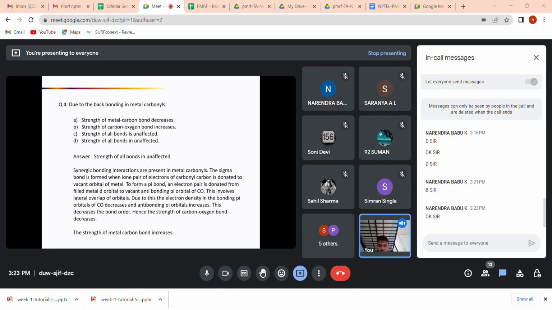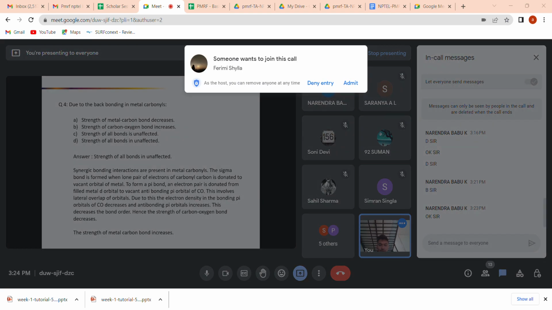Okay, and so there is an anti-bonding pi orbital. Obviously, if you see the molecular orbital diagram of carbonyl, you will find that almost all the valence bonding MOs are already filled, and if you fill any extra electron, that's going to the anti-bonding orbital, and this involves a lateral overlap of orbitals, and due to this the electron density in bonding pi orbital of CO decreases, and therefore the anti-bonding pi orbital will increase definitely.